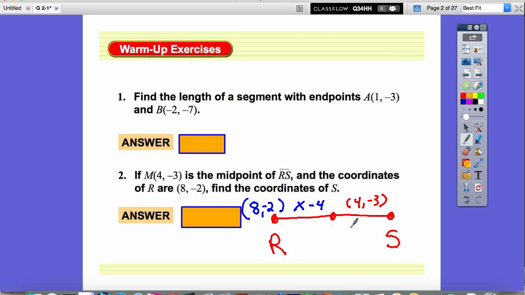Now I subtract another 4, and I get to 0. For my Y values, to get from -2 to -3, Y is losing a value of 1. If Y loses another value of 1, from -3 minus 1 is -4. And so my answer is (0, -4).